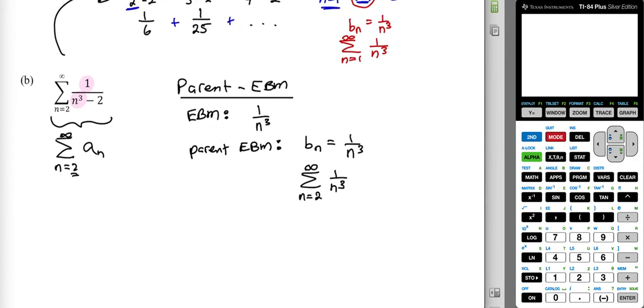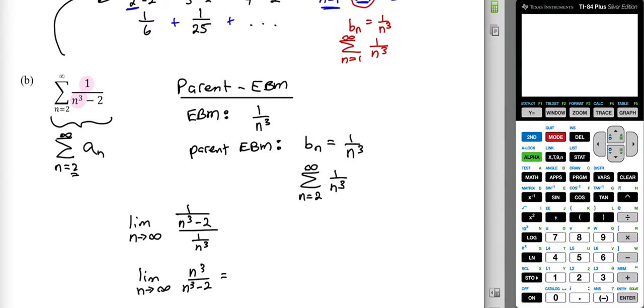All right, so what we're going to do is continue working with the, really it is a transformation, the cleaner version. So, limit as n approaches infinity of 1 over n cubed minus 2 over 1 over n cubed. Limit as n approaches infinity of n cubed over n cubed minus 2.